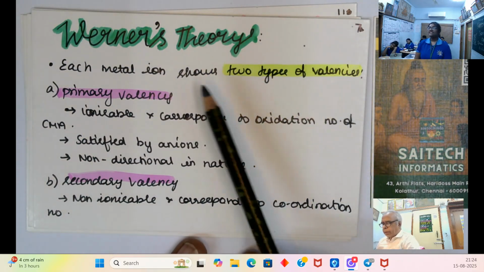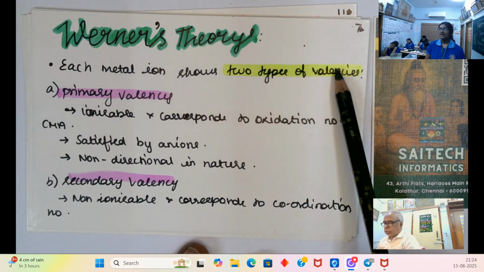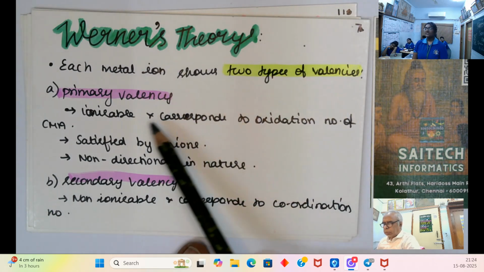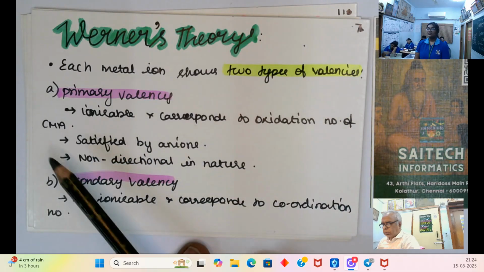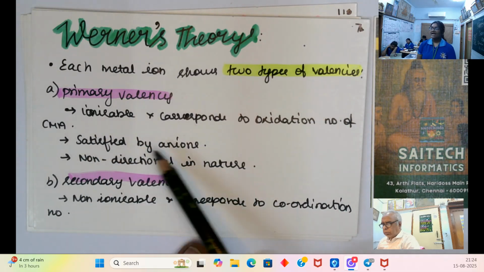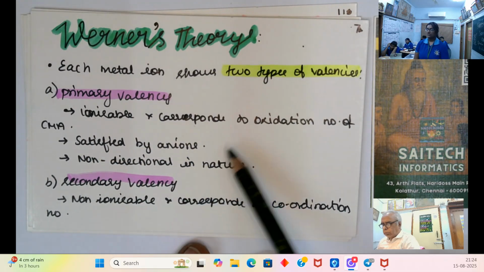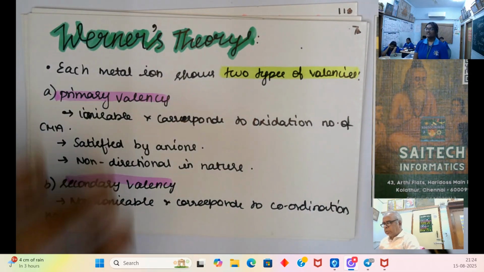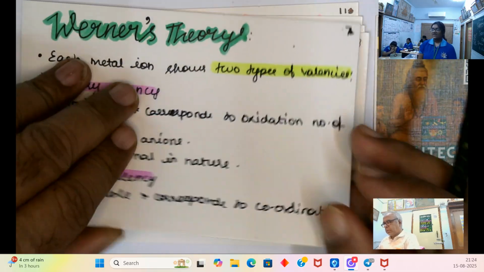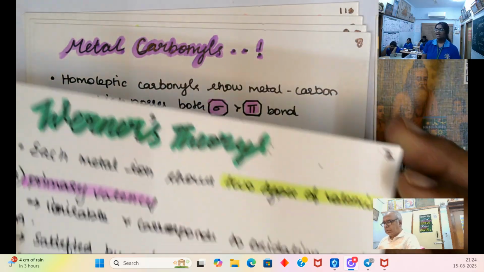Werner's theory. Each metal ion shows two types of valencies. Primary valency is ionizable and corresponds to the oxidation number of the central metal atom. It is satisfied by anions and is non-directional in nature. Secondary valency is non-ionizable and corresponds to the coordination number. It is not satisfied by anions and is directional in nature.